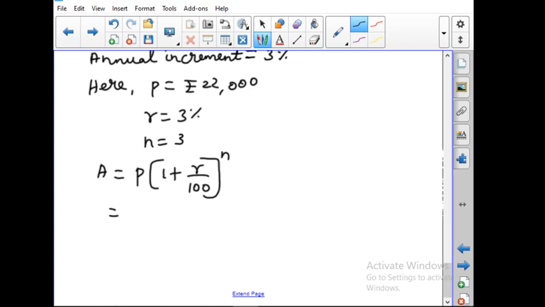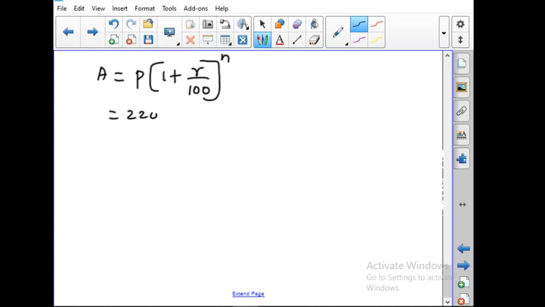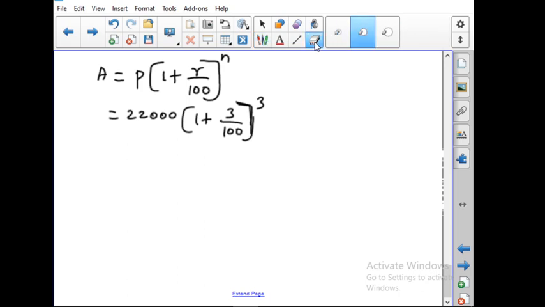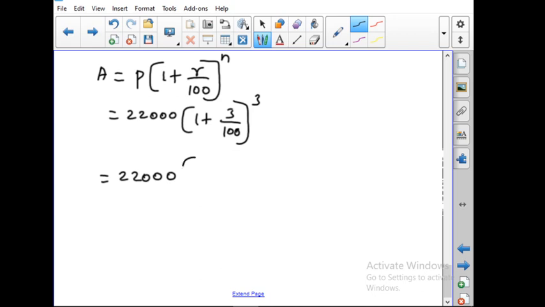Here you have to substitute the values. The P is what here? 22,000 into 1 plus 3 by 100 whole power 3. So 22,000 into 103 by 100 whole power 3.